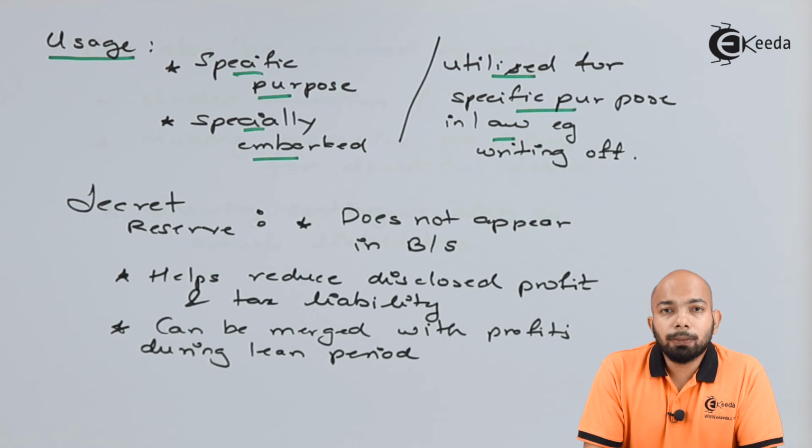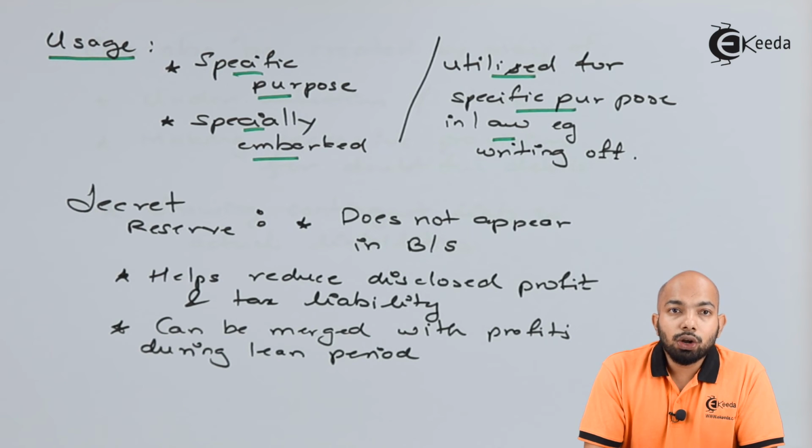It can be used for debenture redemption reserves, it may be debentures, it may be shares. So anything where excess money is required for non-operational activities, capital reserves can be used. So this is about the differentiation between capital reserve and revenue reserve.